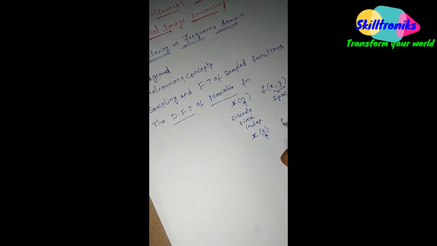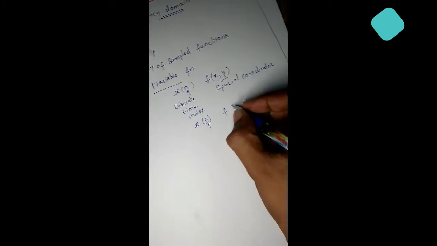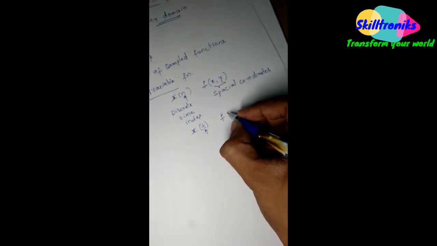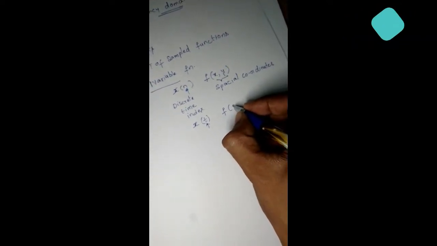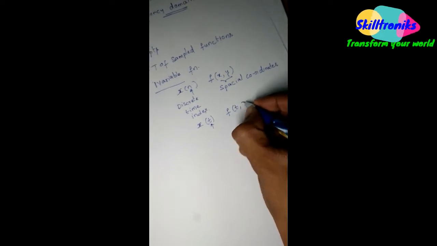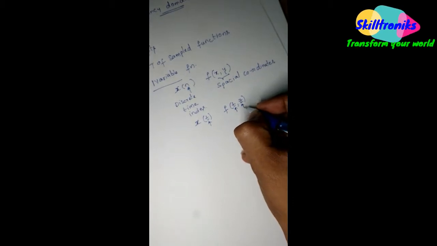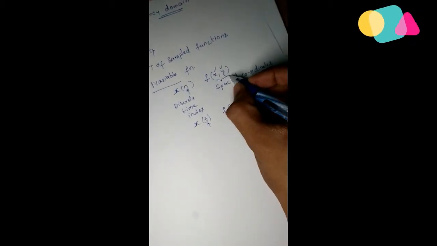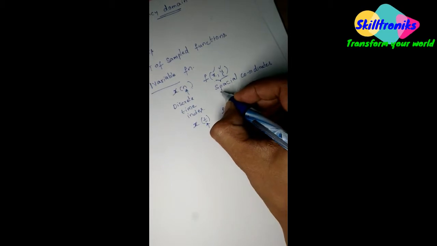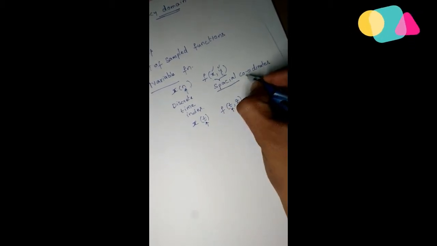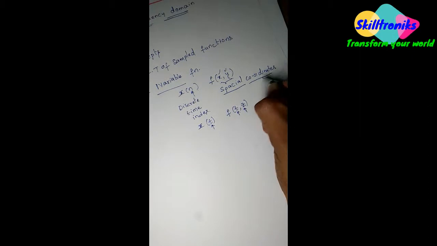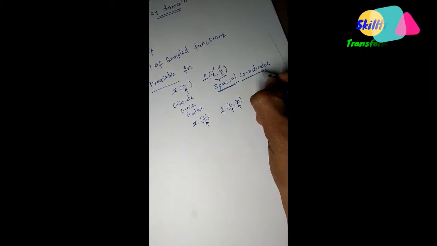For a two-dimensional continuous domain function, we write f of t comma z, where t and z are continuous variables, unlike x and y in a digital image, where x and y are discrete in nature. f of x comma y is the notation used to indicate a digital image, and x comma y are called spatial coordinates.